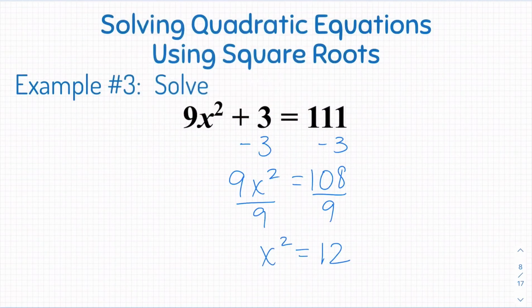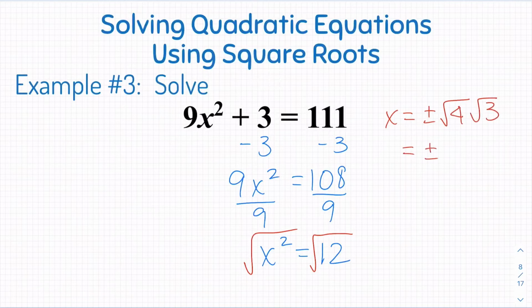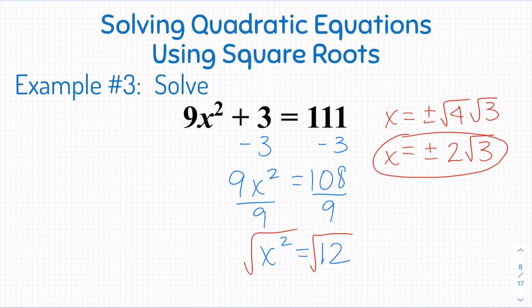And then when I take the square root of both sides, the biggest perfect square that goes into 12 is 4. 4 goes in there 3 times. Square root of 4 is 2. Radical 3 is not a clean integer. So my final answer is x equals plus or minus 2 radical 3.